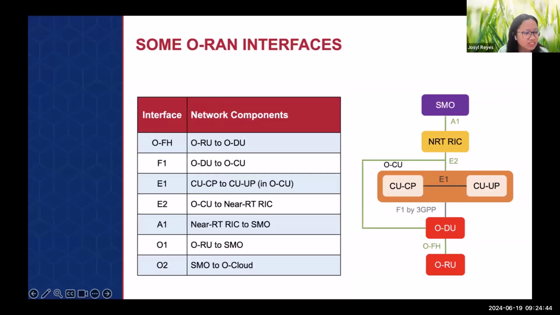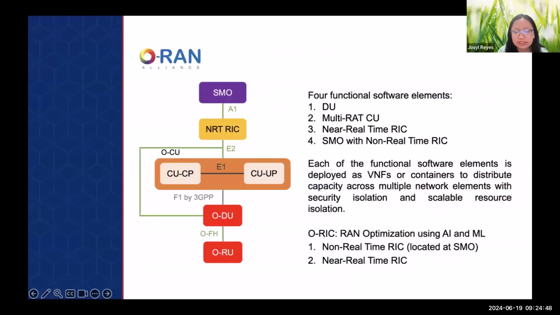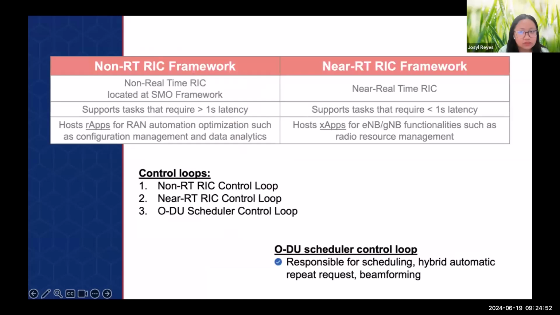So ano yung mga control loops, a bit in the next slide na titignan natin. Yan, siguro let me skip here. So the different control loops for the ORAN architecture would be as follows. The first one is the non-real-time RIC control loop, yung connection between the non-real-time RIC and near real-time RIC.